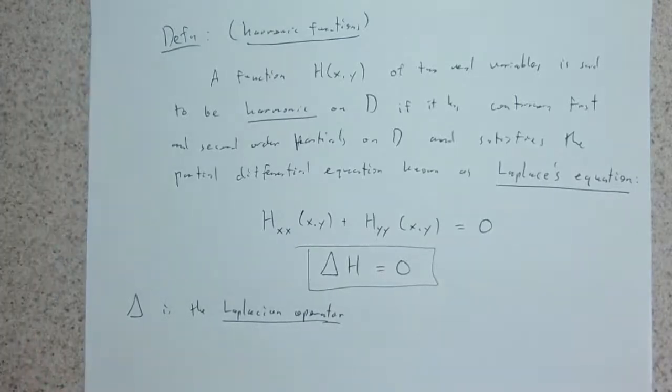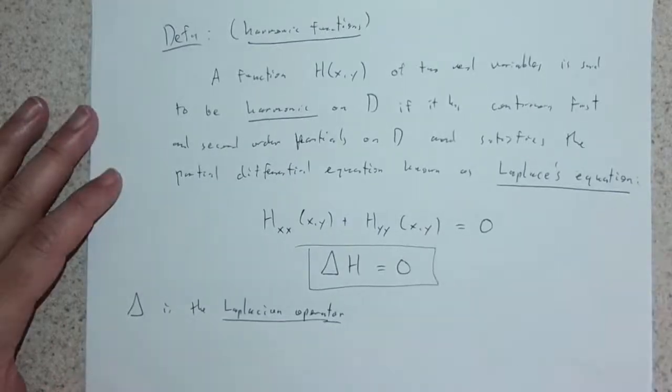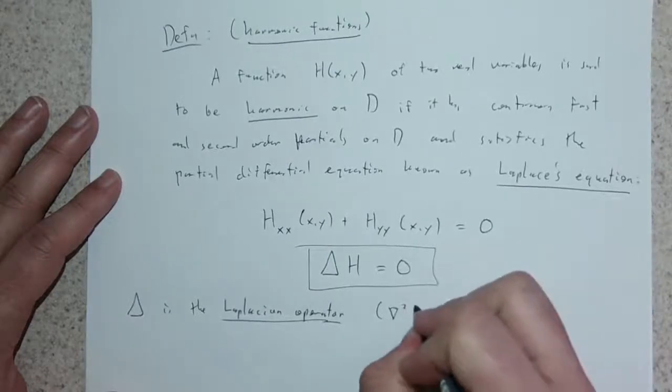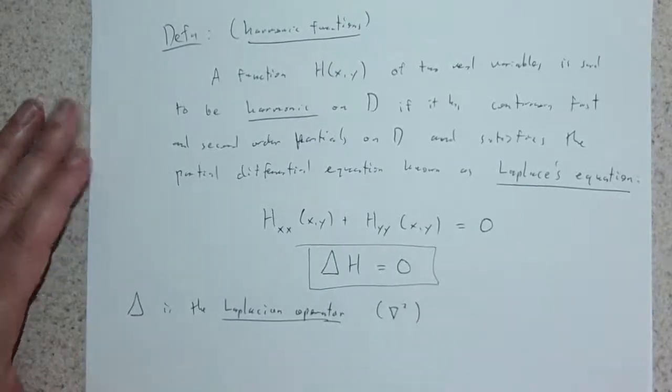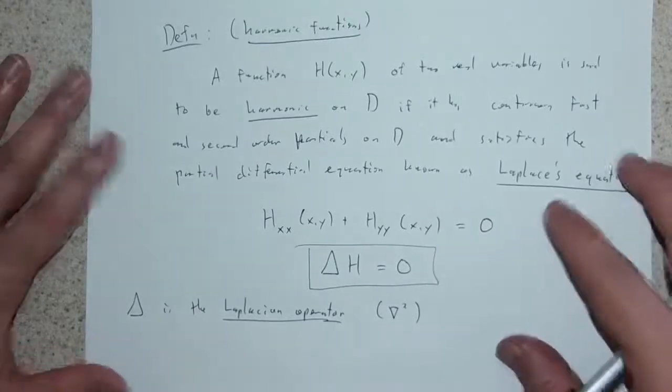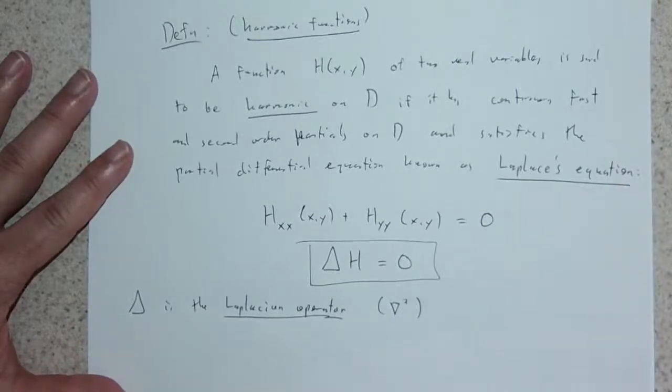You might have encountered this operator before. So physicists sometimes use different notation for this. They'll use nabla squared, right? Instead, this is better. So yeah, this is the Laplacian operator. This is useful for remembering where this thing comes from. So a couple of ways to look at this.